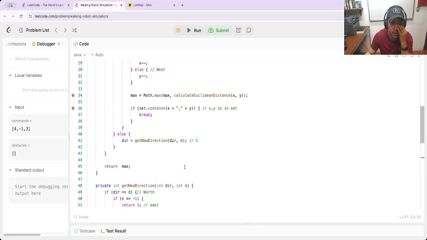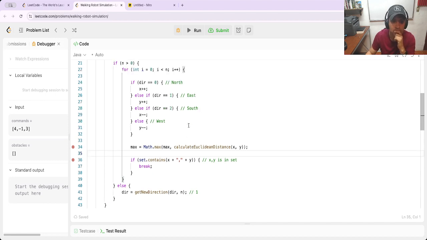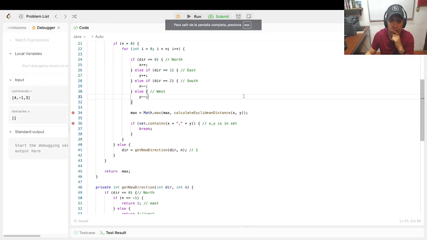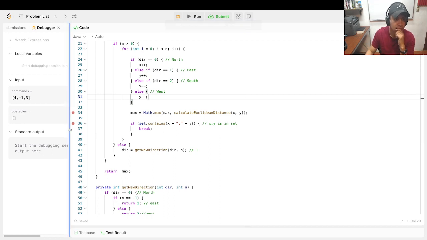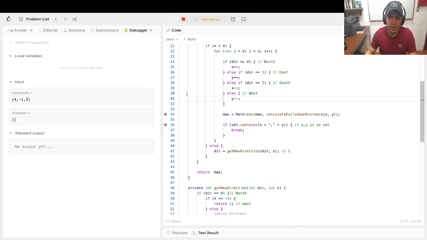X and Y, I am, oh my god, X and Y. I'm not finding the error. Okay, let me execute the debug here.